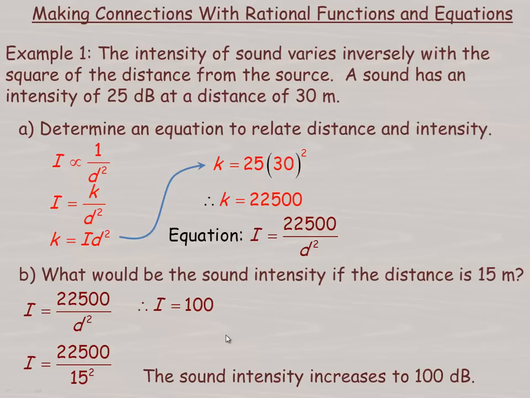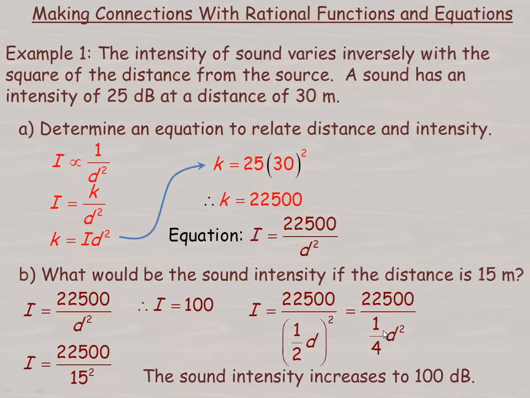Now, another way you could solve that is you could say, well, the intensity was 25 at a distance of 30 meters. So let's take our equation and reduce the distance by a half. So 30 changed to 15. So the distance became half the distance. Now if you square a half d squared, a half squared is a quarter, and of course d squared would be d squared.